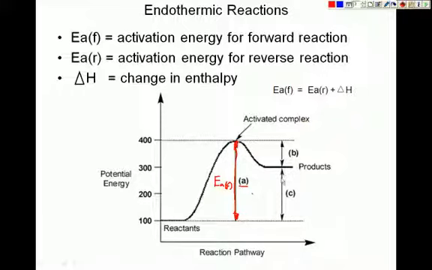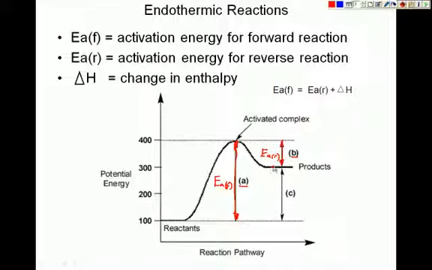Now, how much energy does it need to go from products to reactants? Well, it needs to go up by this amount of energy, which is labeled B. Okay? So this is our EAR, our activation energy in the reverse reaction.